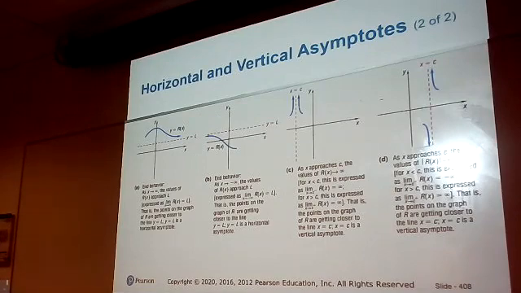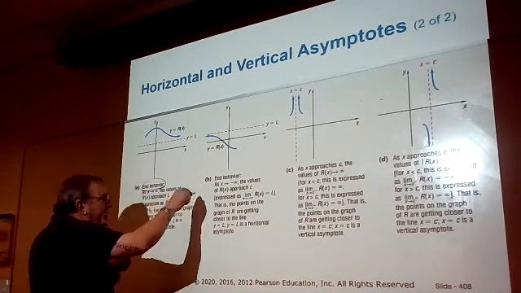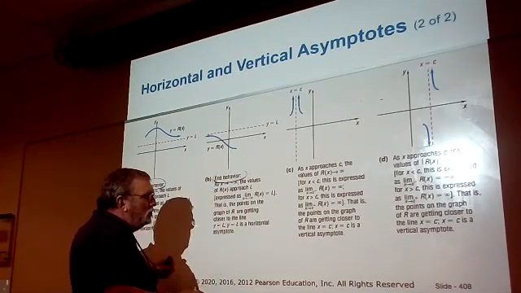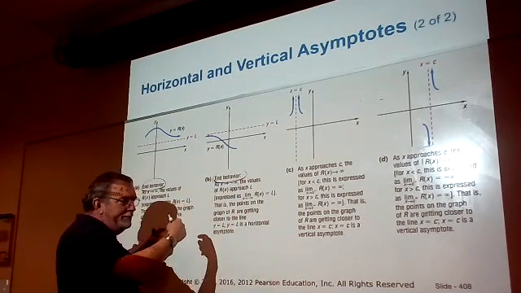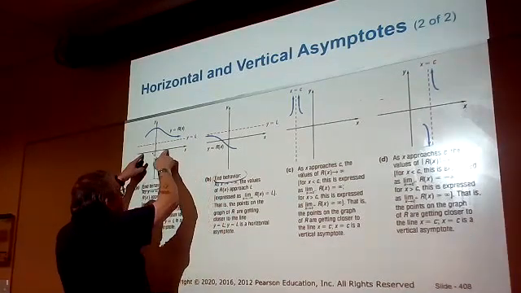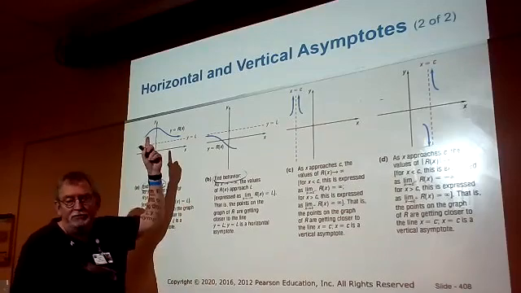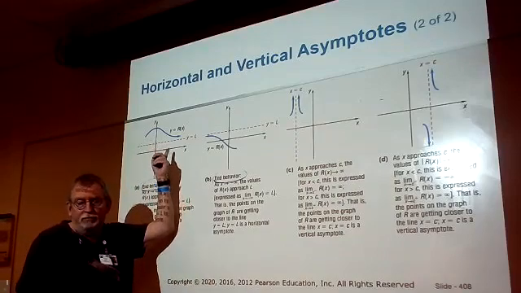All right. Horizontal asymptotes are all about the end behavior. What happens in between, it can cross a horizontal asymptote.